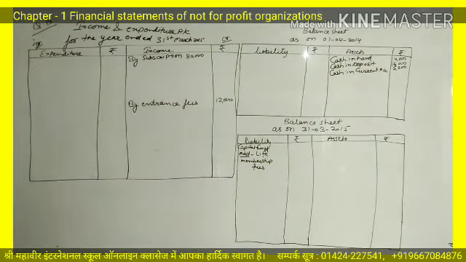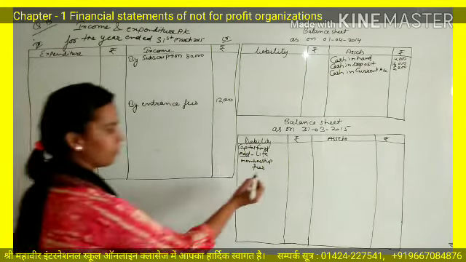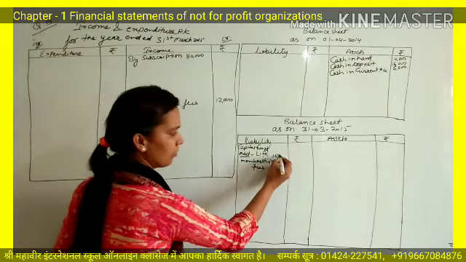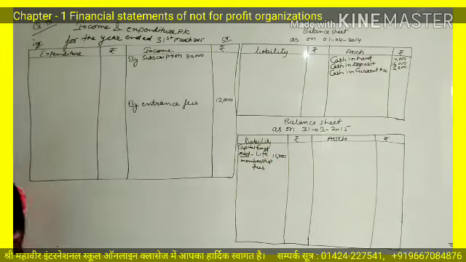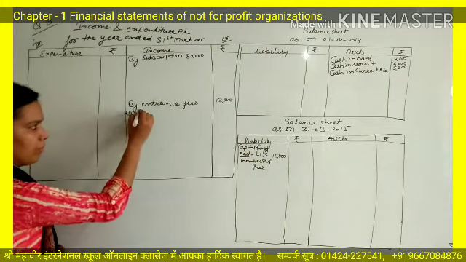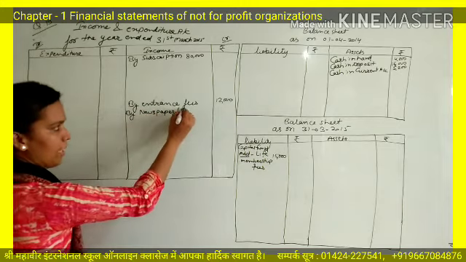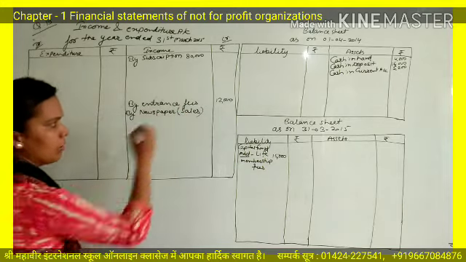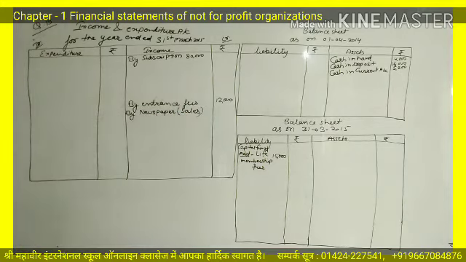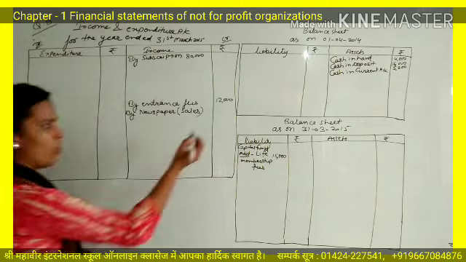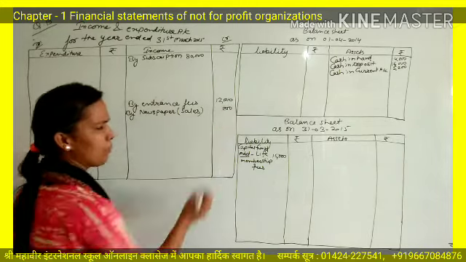The amount of life membership fees is 15,000. Next item is newspaper. You are selling newspapers, so this is also a kind of revenue income. So write in income and expenditure account. 200 rupees, only 200 rupees you are selling newspapers.